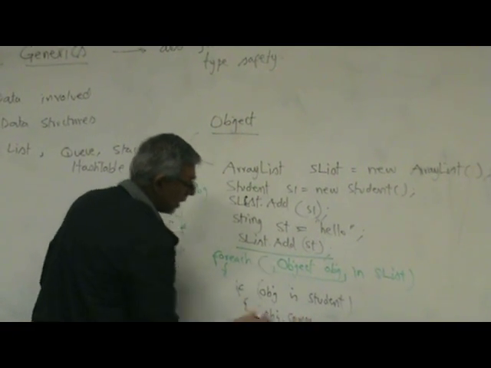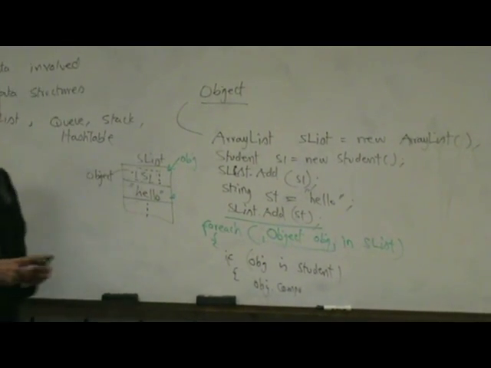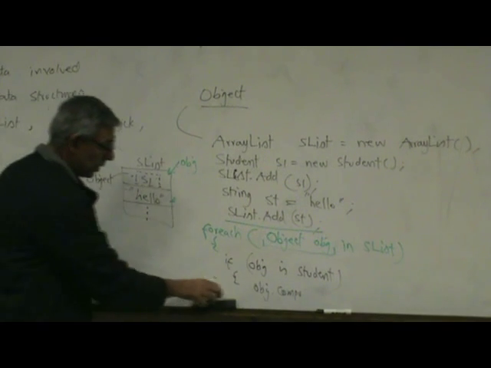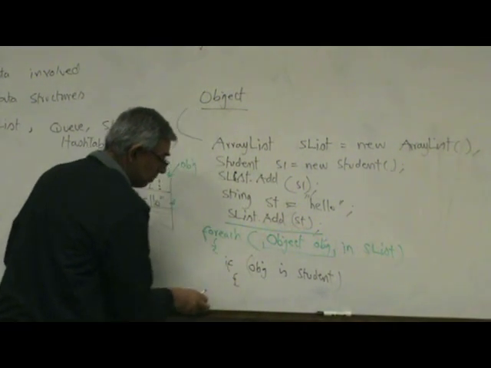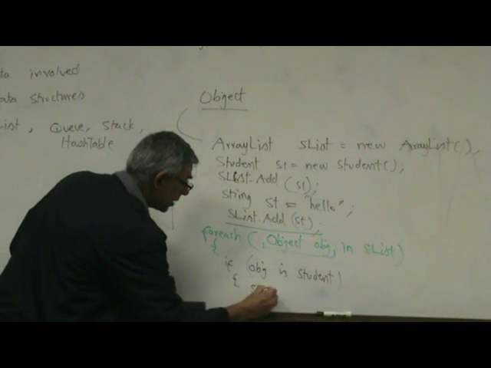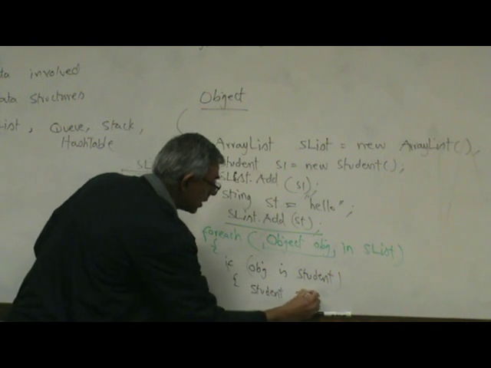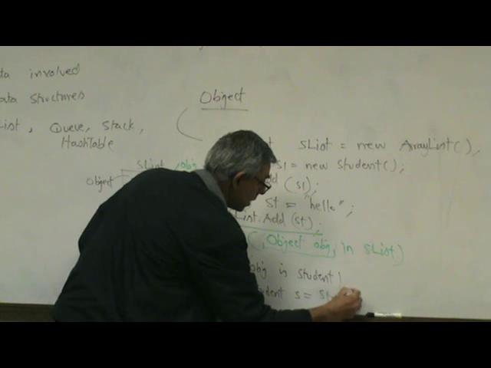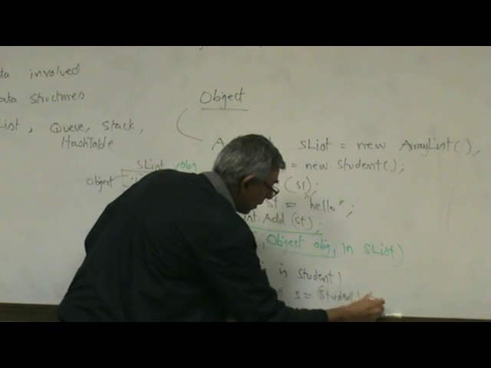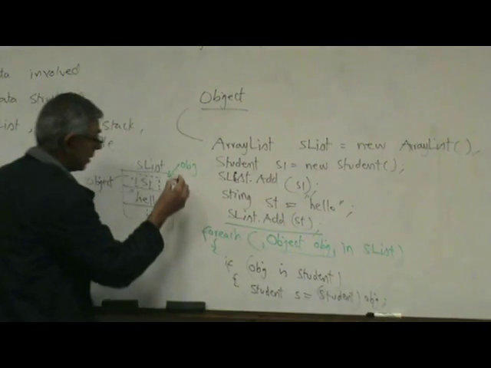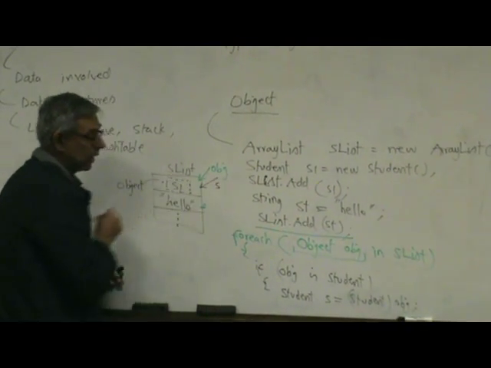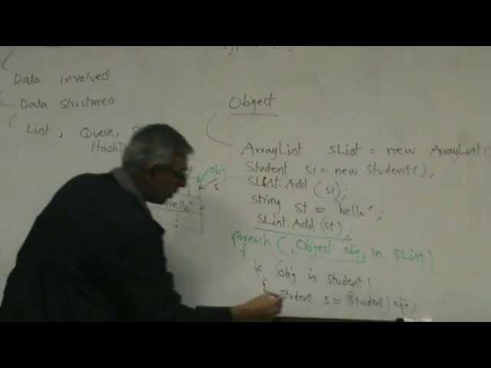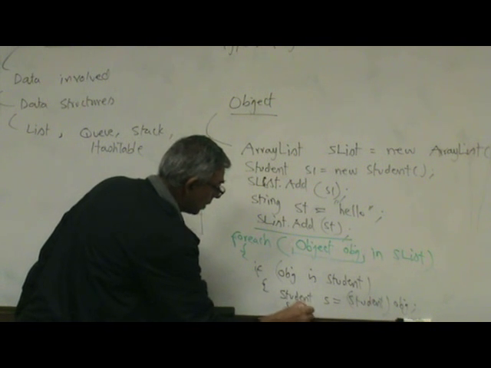No. Still not, because obj does not have a method called computeGrade. So then we create a reference of type student. So we can say student s equal to (student) obj, correct? So we make s point to the same place obj is pointing to, and through s we can call compute grade.